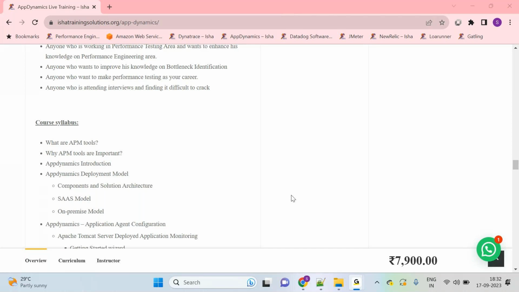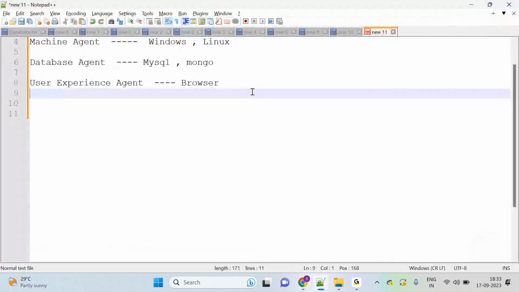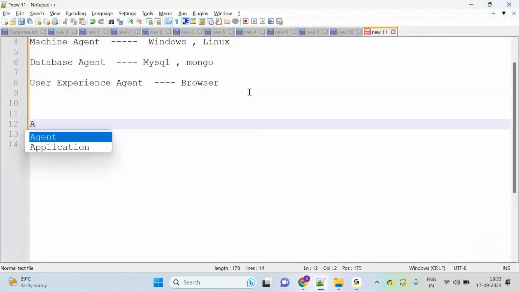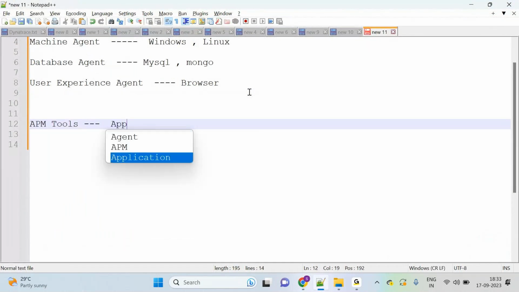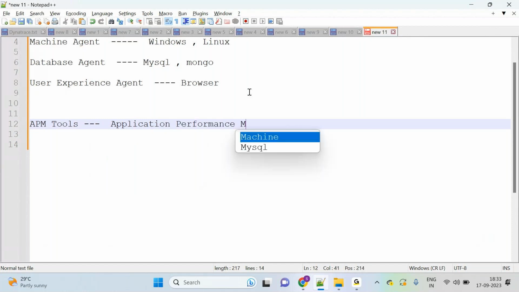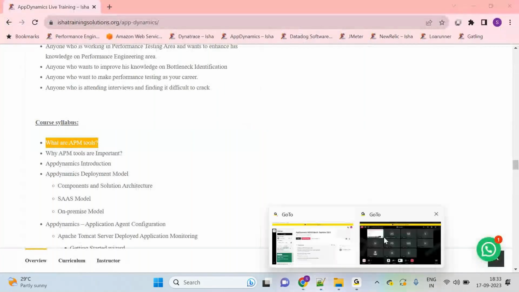So the first topic is: what are APM tools? Application performance monitoring or application performance management tool. Why am I using the word management also?